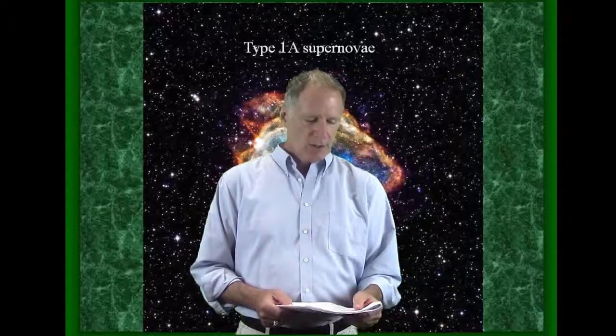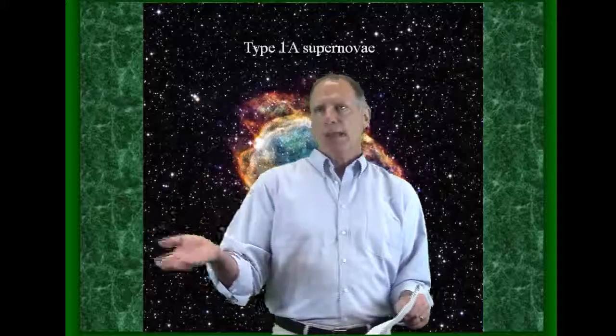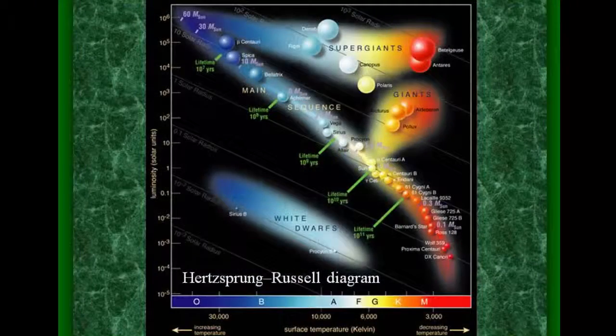If we could measure enough of them, in various directions in the galaxy, then we could get some idea potentially of distances. But in order to explain to you how we can use type 1a supernovae to understand distances, I've got to go back to talk about stellar evolution and basically how stars evolve.